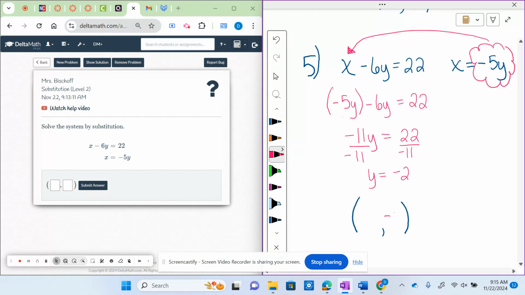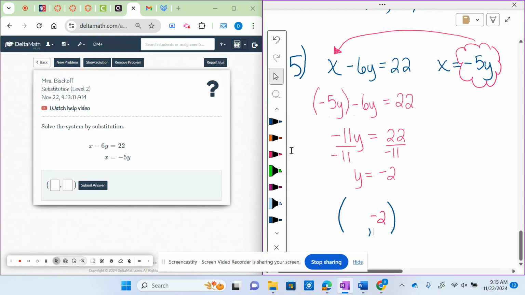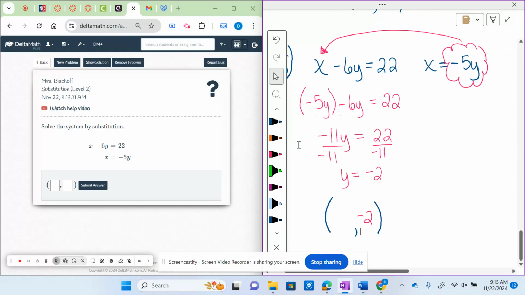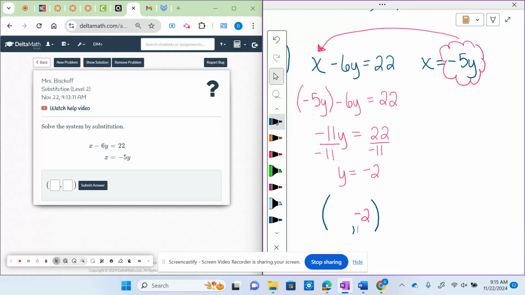That is probably the second biggest mistake I see. You solve for y, but you put it at the front, okay? It's kind of tricky, right? You got to pay attention to what variable you're solving for. Okay, so we're going to take this negative 2, and we're going to plop it in right there. So I'm going to rewrite the original. X equals negative 5 times y, and then I'm going to do the substitution. X equals negative 5 times negative 2.